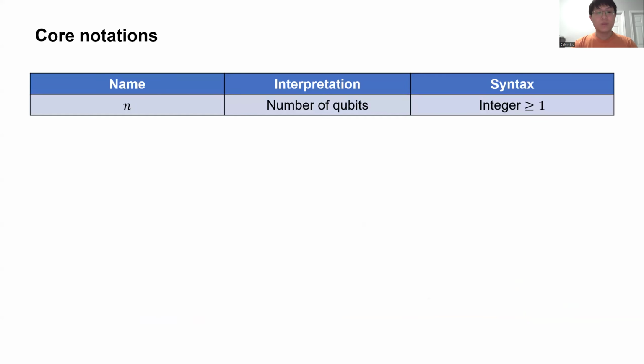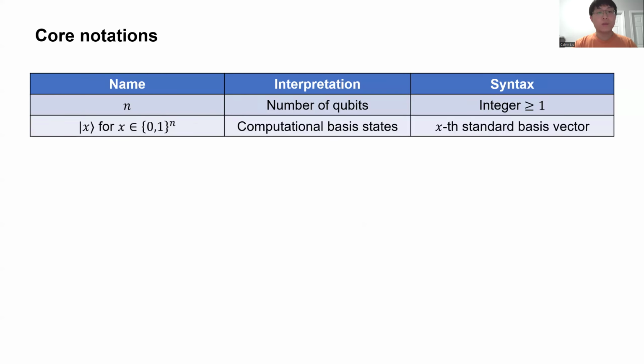We begin by familiarizing ourselves with the core notations that will be used throughout this talk. We let n denote the number of qubits, which mathematically is just a positive integer. For every length n binary string x, we use ket x to denote the x standard basis vector, where the entries of the vector are indexed by the set of all n-bit strings.